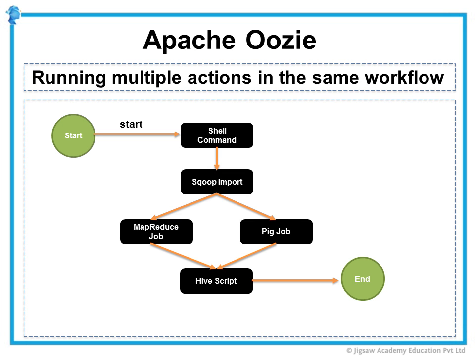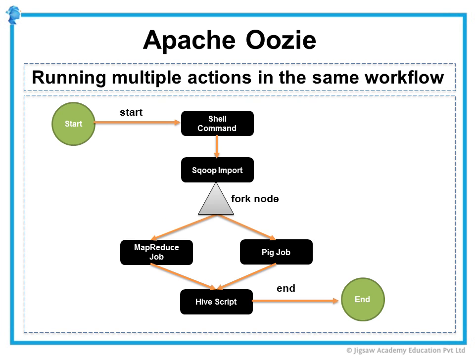So it has a start node and an end node, and then in between you have the actions running in sequence or in parallel. But since there are two actions running in parallel, we use what we call a fork node to split the processing into two paths. A fork node basically splits one path of execution into multiple concurrent paths of execution.